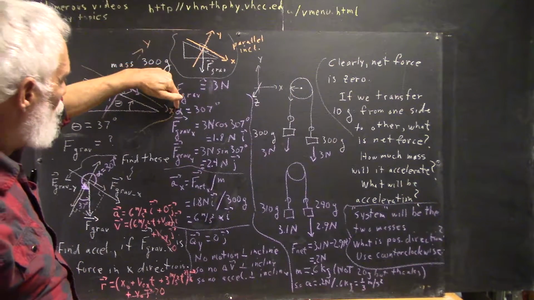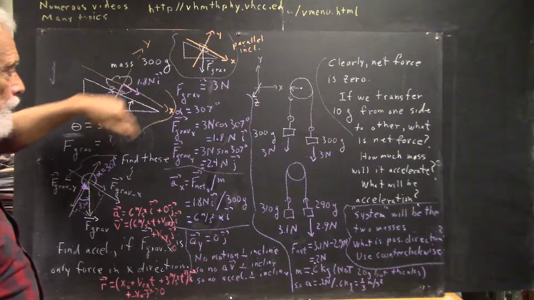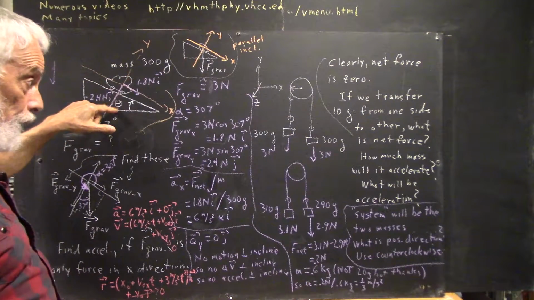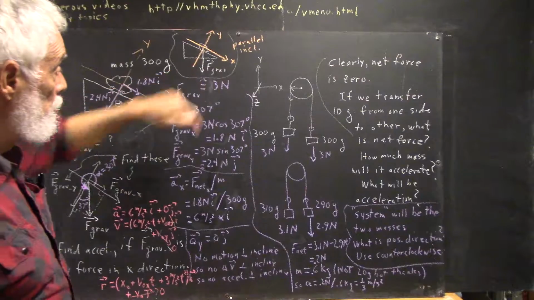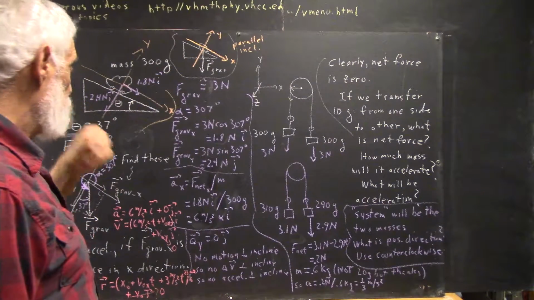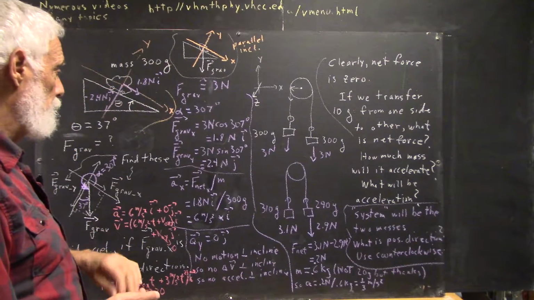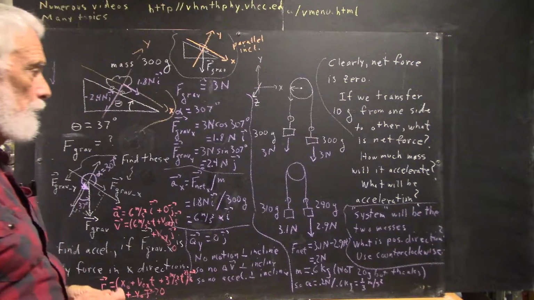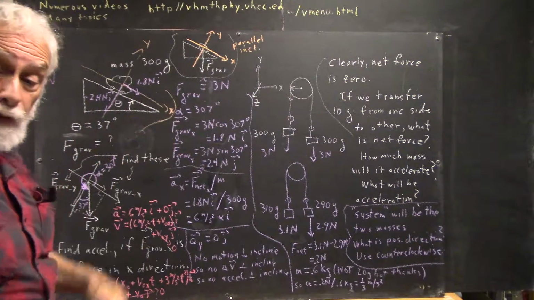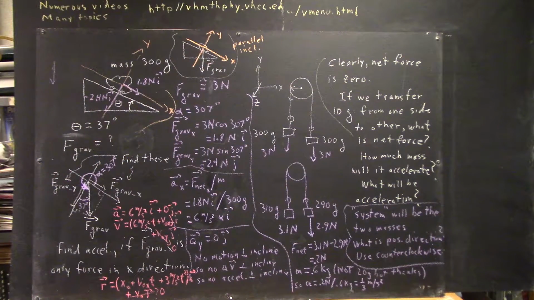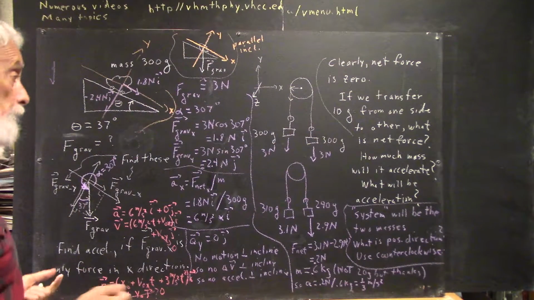Okay. The angle, and I call this angle alpha to distinguish from the theta that I often use here, is 307 degrees. So what's the x component of the gravitational force? Well, it's just 3 newtons times the cosine of this angle. And you don't have to worry about whether it's positive or negative, because when you take the cosine of 307 degrees, you're going to get a positive or negative, and it'll be the right one.